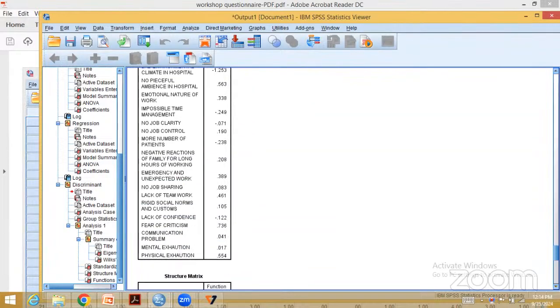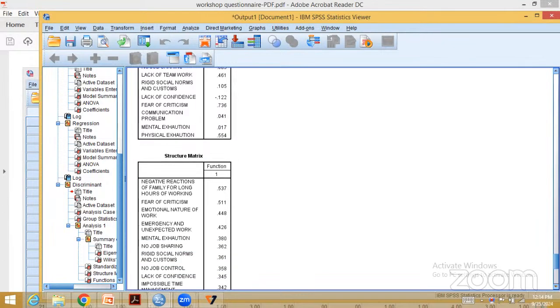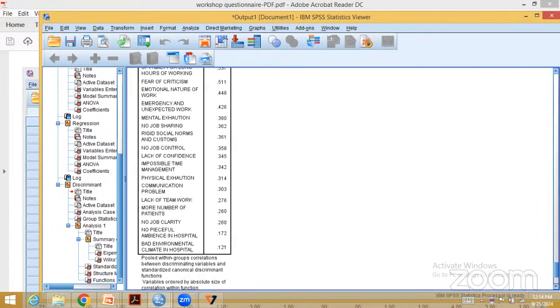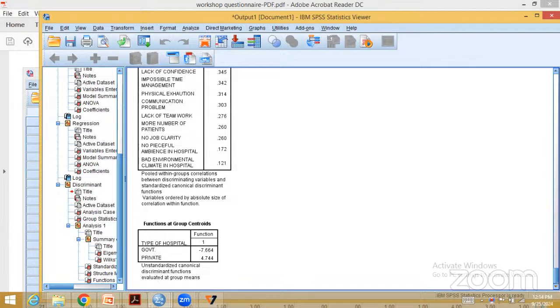Then we will observe the last matrix, the centroid matrix, and in this matrix we should have the groups. Here we have two groups, government hospital and private hospital. Government hospital has a negative coefficient; private hospital, positive coefficient.